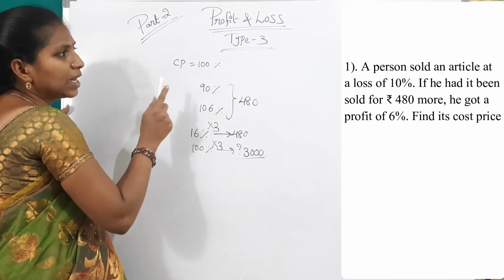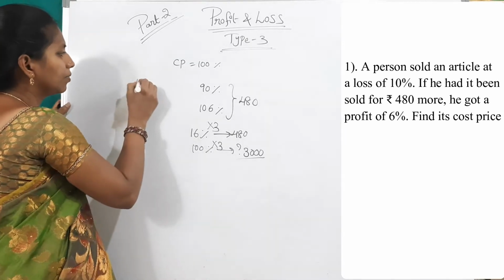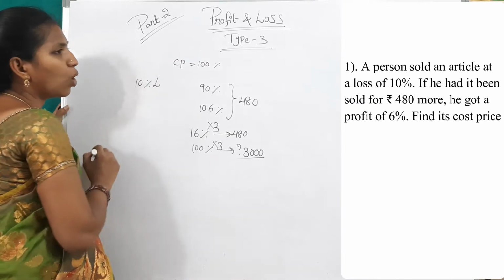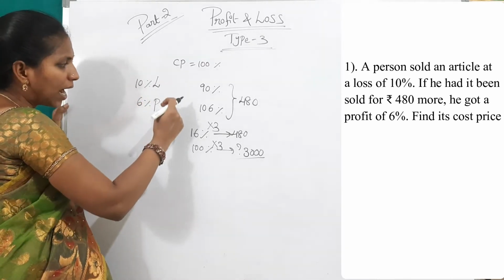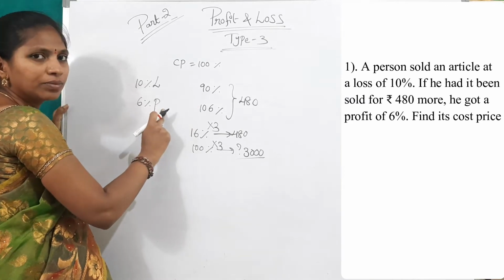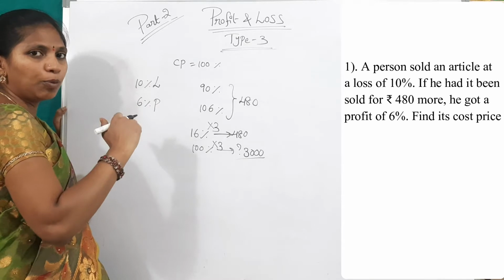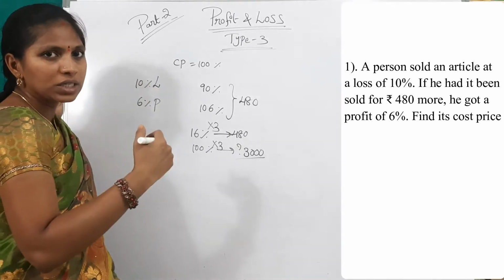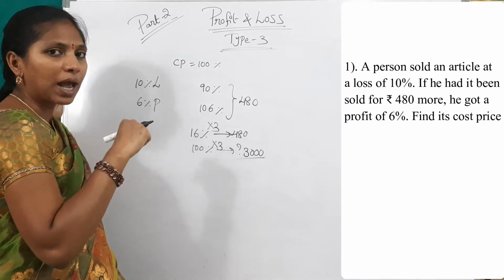Another method: here 10% is loss and 6% is profit. Loss and profit are not like poles. If there are like poles, meaning loss and loss, or profit and profit, then we should subtract.